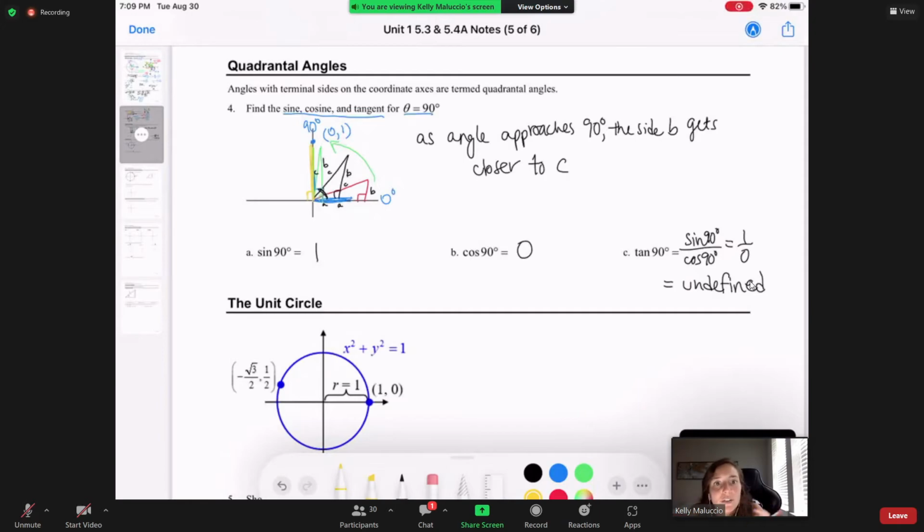So what we say is that B over C approaches 1, because they're getting so close together. But then it's not a triangle anymore, but that's not the point. And then A over C approaches 0, because A gets closer and closer to 0.